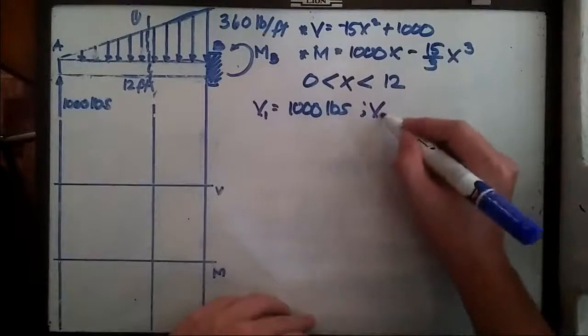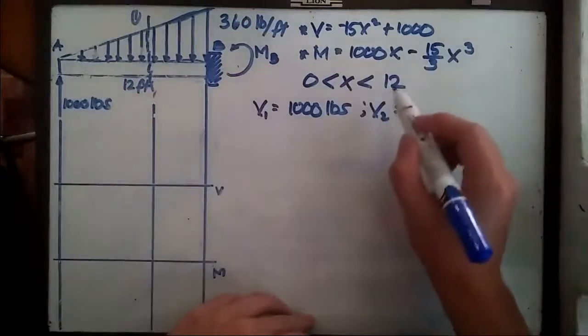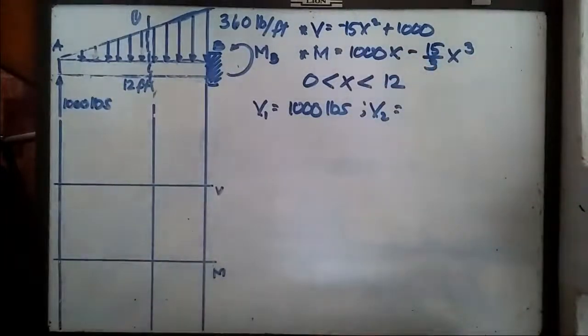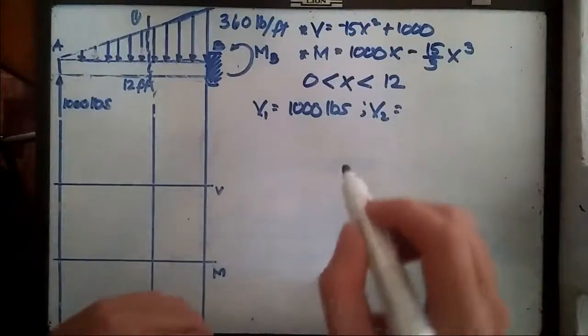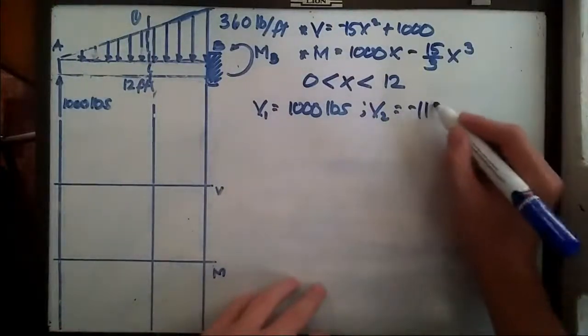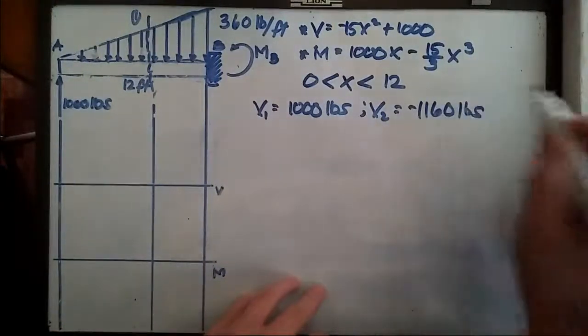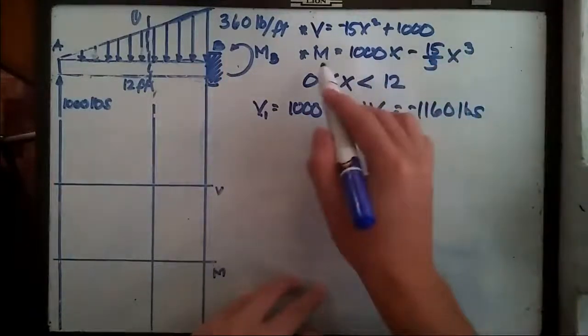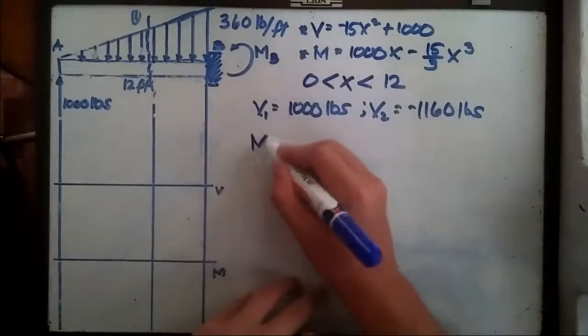And if we replace it by 12, the answer should be negative 1160 pounds.